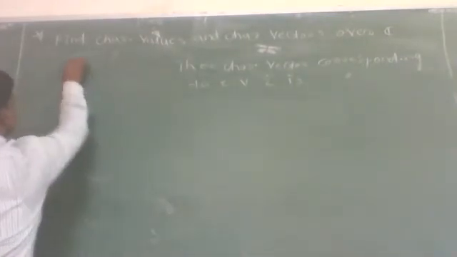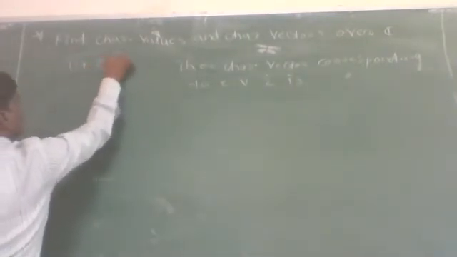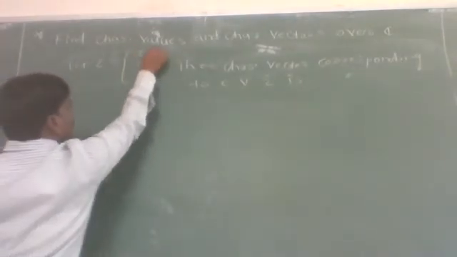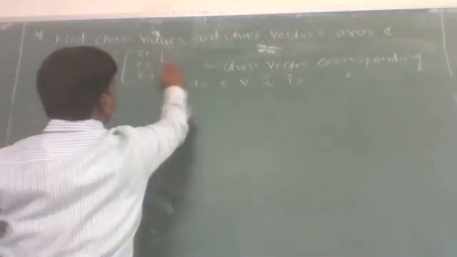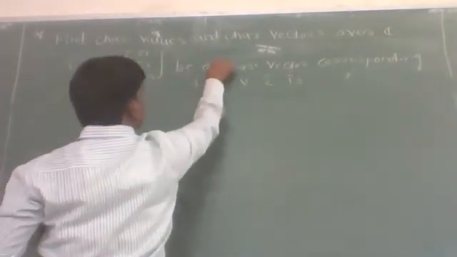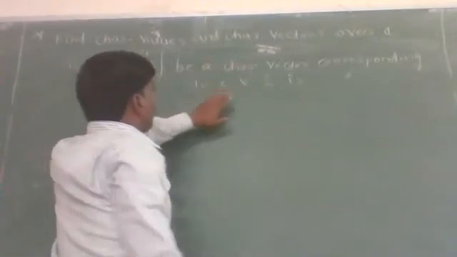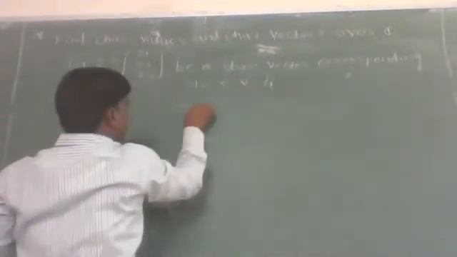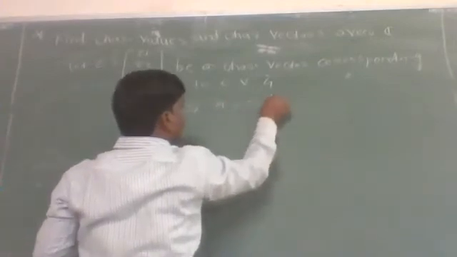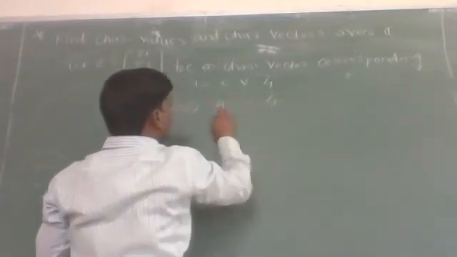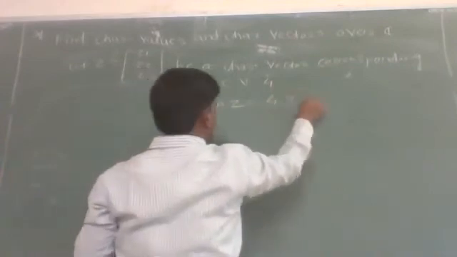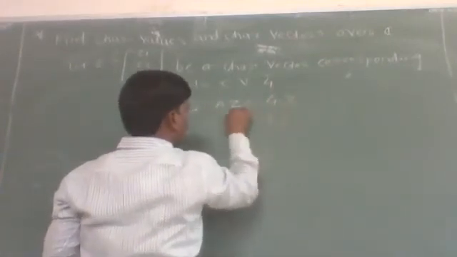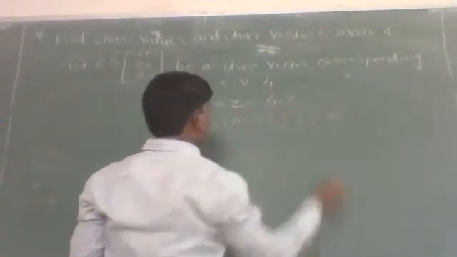Let z equal to z1 z2 z3 be a characteristic vector corresponding to eigenvalue 4, which implies A into z will be equal to 4z, which implies A minus 4I of z will be equal to 0.